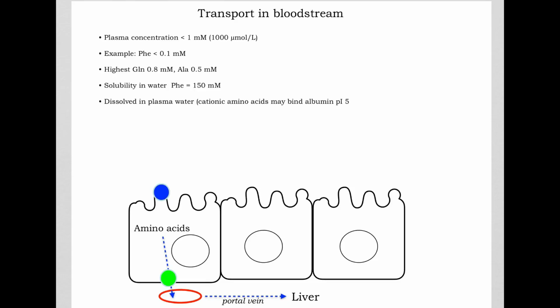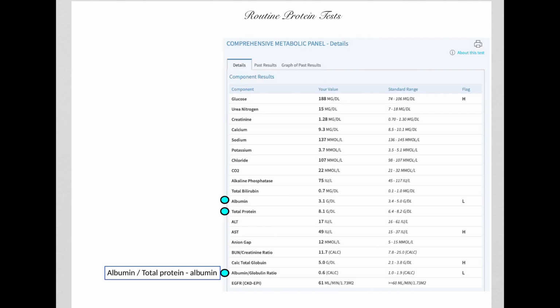So before we end today, a few words about lab tests. We can measure amino acids, the different types of amino acids, in the bloodstream. So we do that test. That test is not done routinely. It is ordered for special cases. However, routine protein tests include albumin.